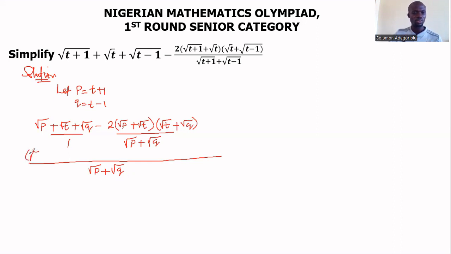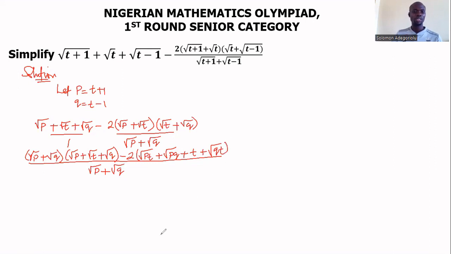Here we have root P plus root Q, close bracket, into the bracket of root P plus root T plus root Q. Then minus 2 into the bracket: root P times root T gives root PT, root P times root Q gives plus root PQ, root T times root T gives T, then root T times root Q gives plus root QT.